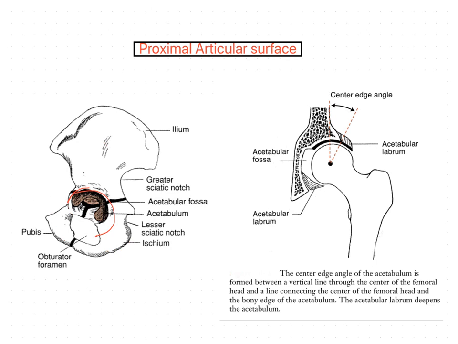So the horseshoe shaped area of cartilage articulates with the head of the femur. So here you can find this cartilage also.